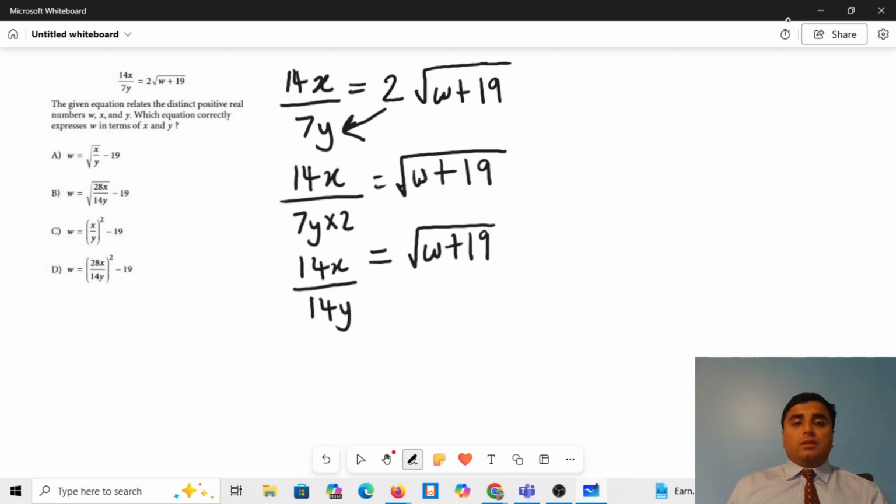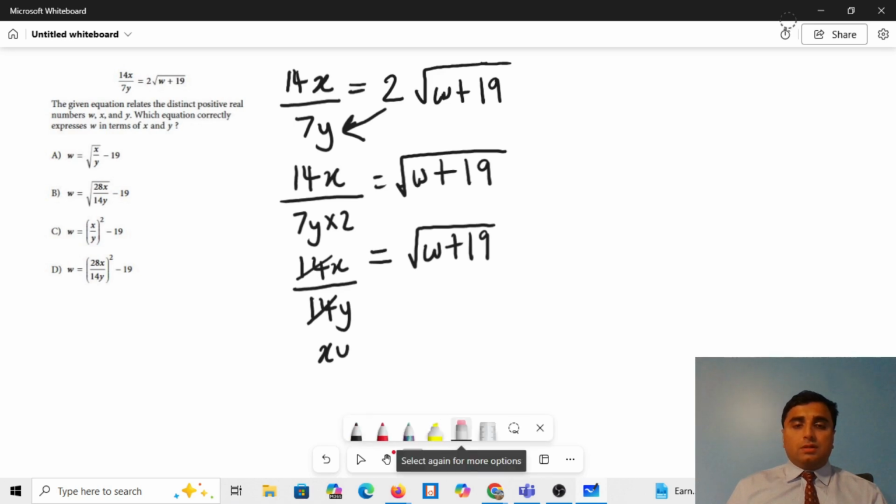The 14s cancel each other out, and we end up with x over y. Now our job is to square both sides so that we'll end up with w plus 19. Yep, we have x over y is equal to the square root of w plus 19.